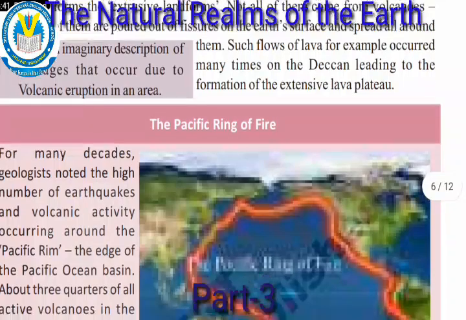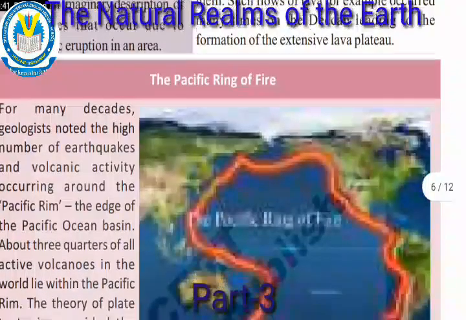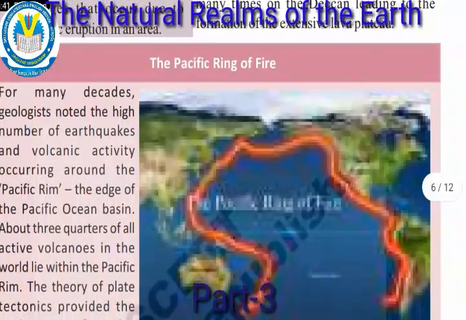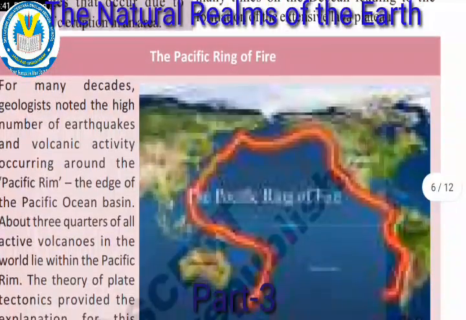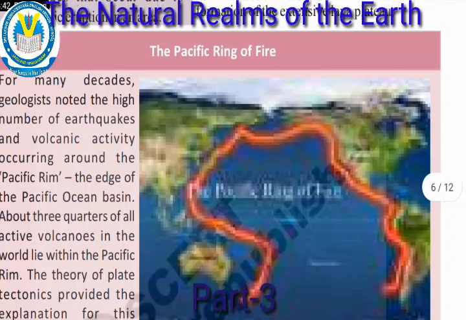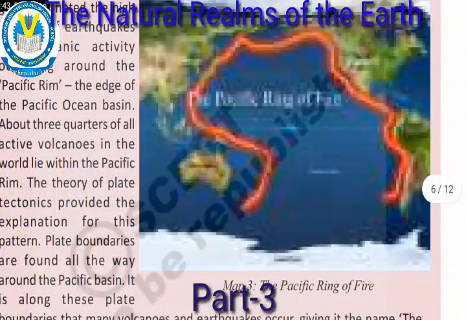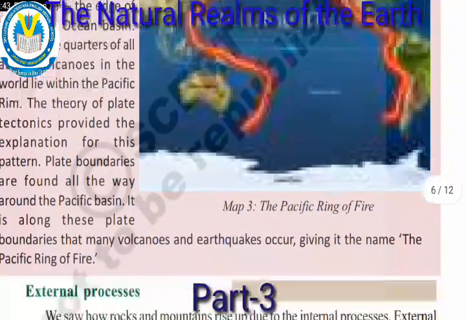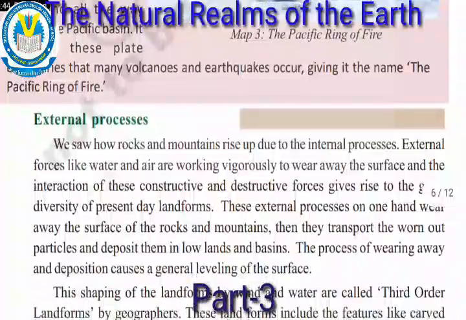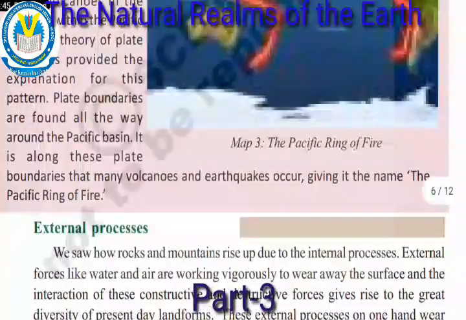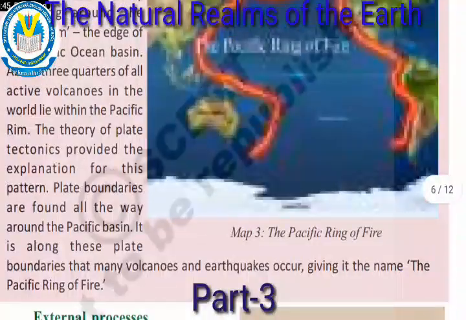There, actually, it doesn't come out, but there are some places which bulge out. That is called intrusive landforms, because the magma is not yet out, but a kind of bulge comes out of the rock.